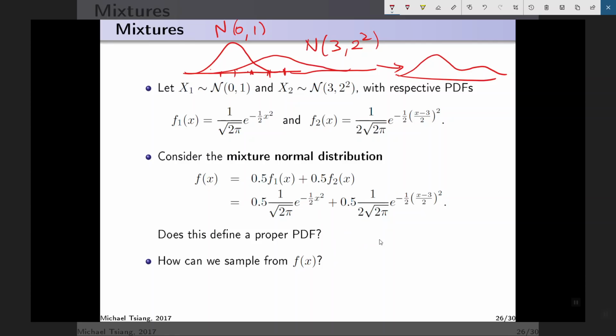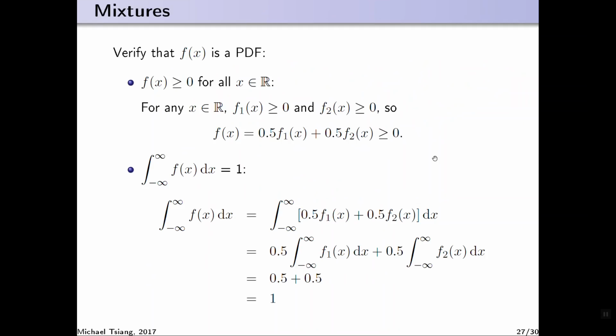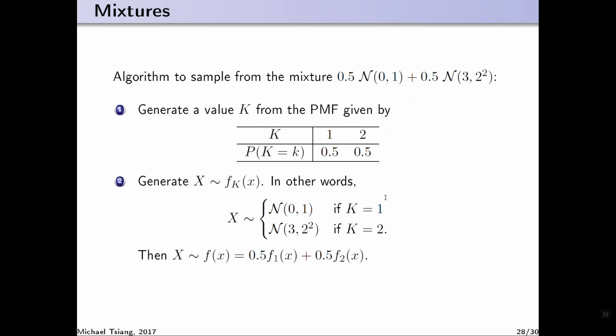And once you've decided which mixture it's coming from, you generate the actual value from that distribution, the standard normal 0, 1, or the other normal distribution. Does that make sense? Here's just some math that says yes, it is a proper PDF.